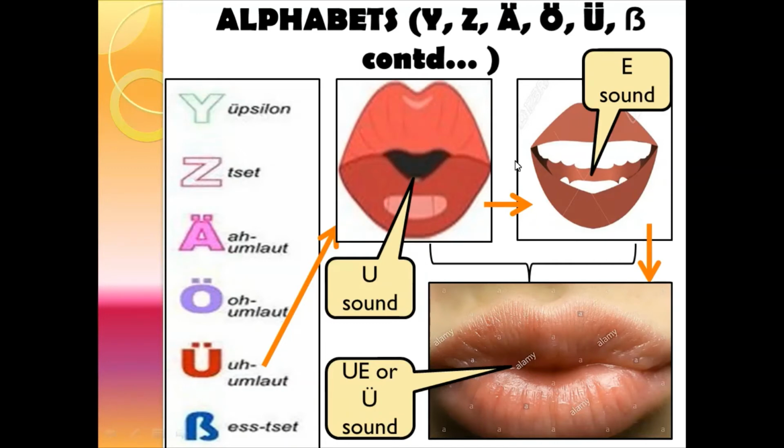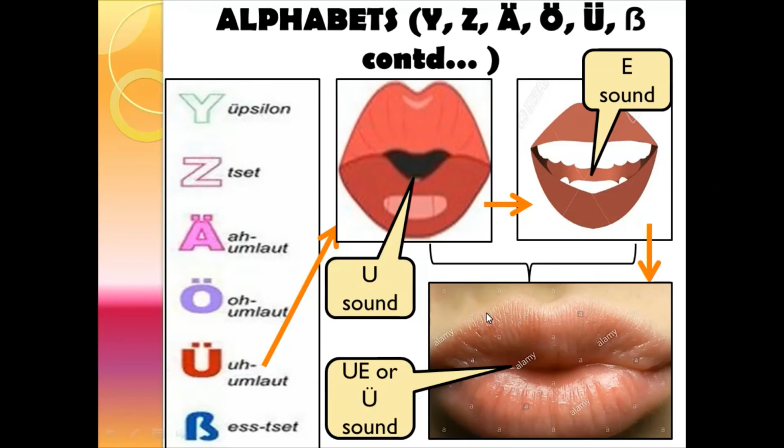Then, whilst keeping your mouth partially open, pronounce the German A alphabet sound. And now combine these two U and A sounds in such a way that the facial muscles become less tensed and more relaxed compared to when you were making the U sound.